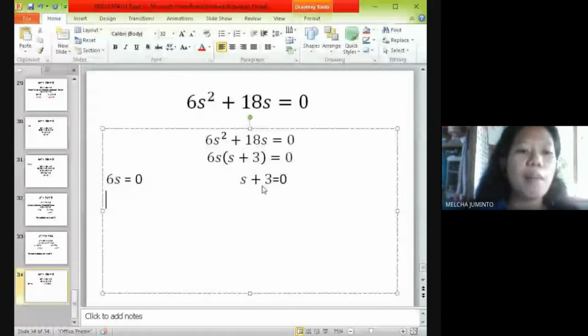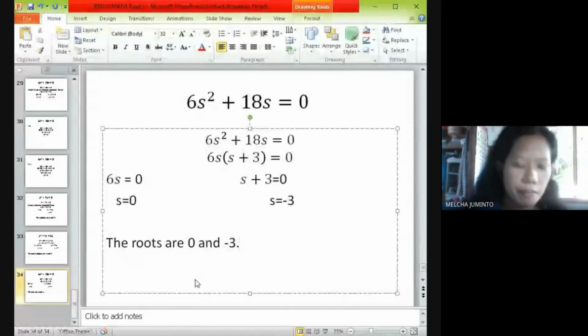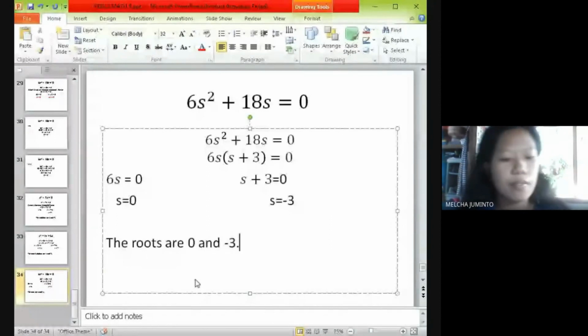Pag dinivide mo ang 0 ng 6, 0 pa rin. Sa isang value ng S, 0. Yung kabilang value naman, negative 3. Therefore, the roots or the solutions are 0 and negative 3. Okay na?